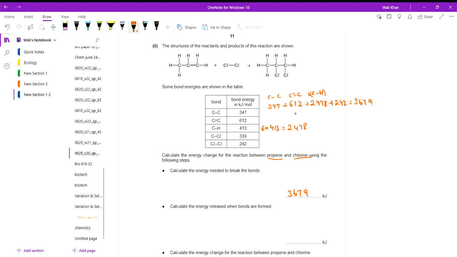Next, when the bonds are formed. अब कितने bonds form हुए? कार्बन टू कार्बन 2 bonds, ठीक है। कार्बन टू हाइड्रोजन 1 2 3 4 5 6 and carbon to chlorine 2. Now write down.